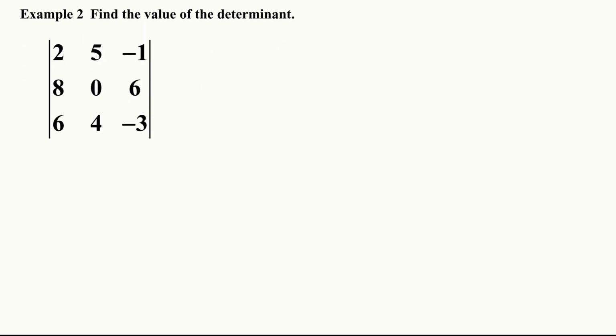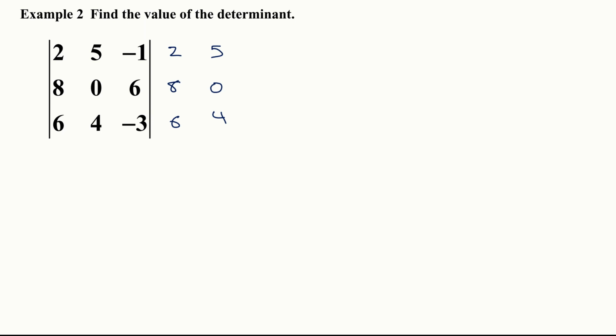Okay, so for this one, remember we're going to repeat the first two columns on the side here. So make sure you leave a little bit of space so that it's easy to see the products. So 2, 8, 6, and then 5, 0, 4.